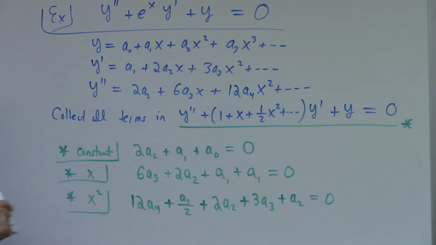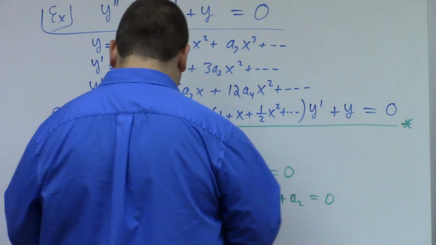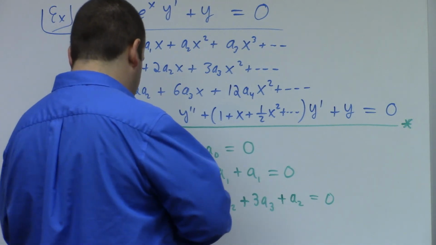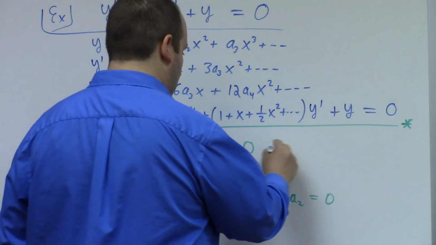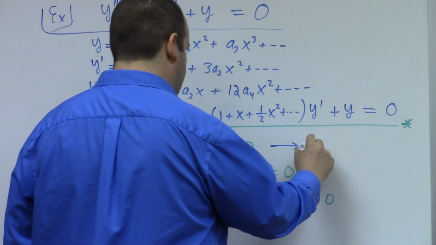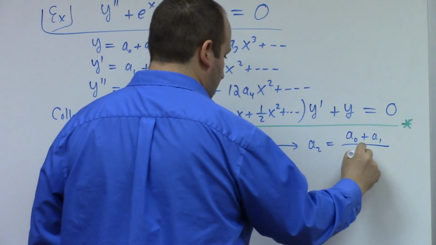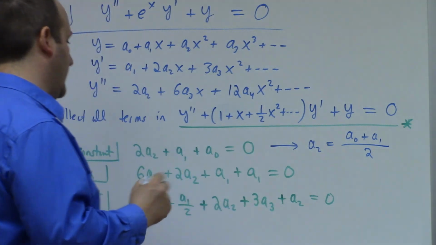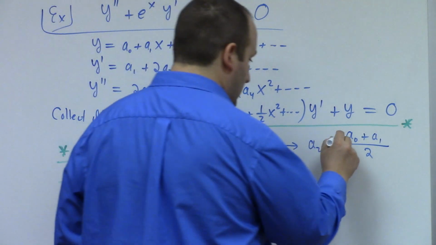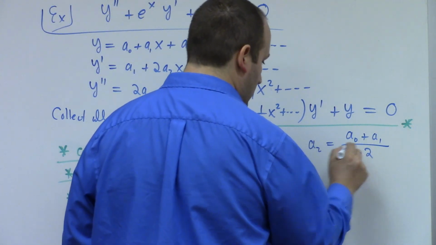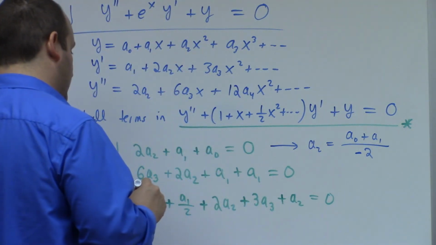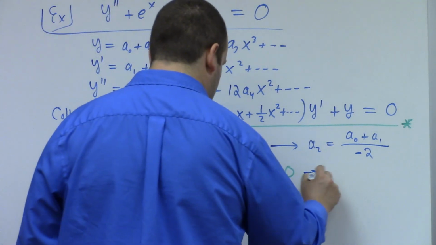Well, I guess I won't try to do that. This tells me something, though. It tells me what a2 is equal to: a naught plus a1 over 2. I need a minus. And let's see, this next one tells me what? A3.